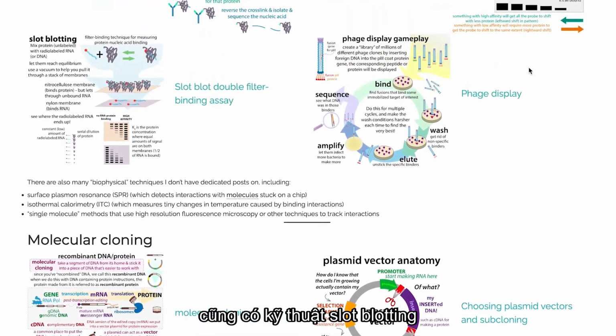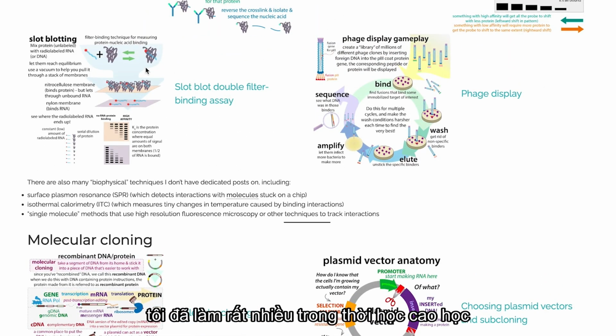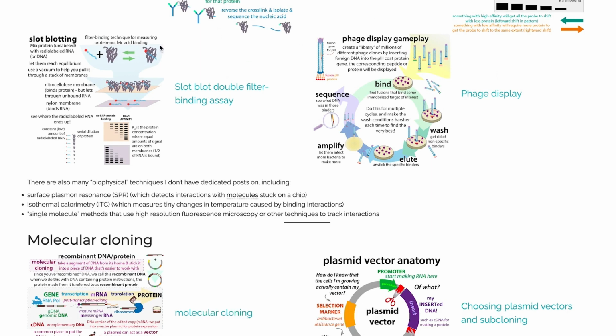There's also slot blotting. I did this a ton in my graduate studies. Basically here, instead of separating using a gel, you're separating using a vacuum filtration apparatus where you have two membranes. On the top, you have a nitrocellulose membrane that's going to bind proteins and whatever nucleic acid it's bound to.